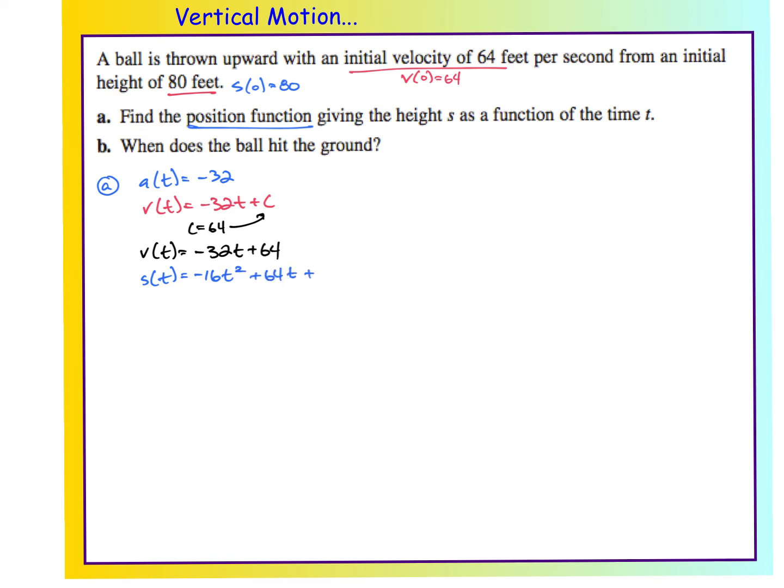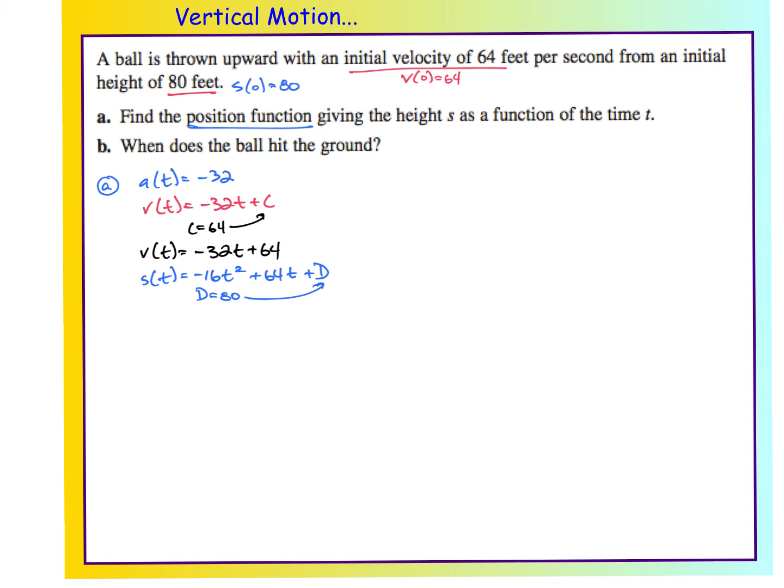no, you've got to use another variable. We already used c. Does that make sense? You can't use the same variable. So now we have an initial condition. So what did we basically solve for? D. D is equal to 80. And I'm going to take that and back substitute.